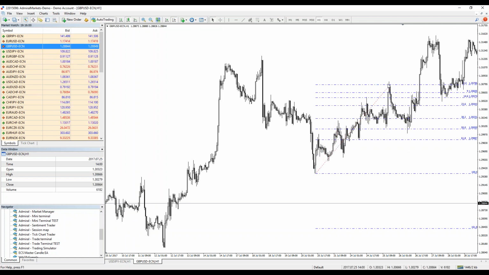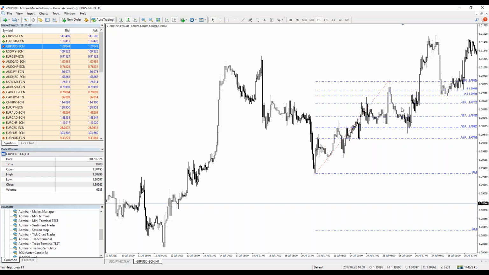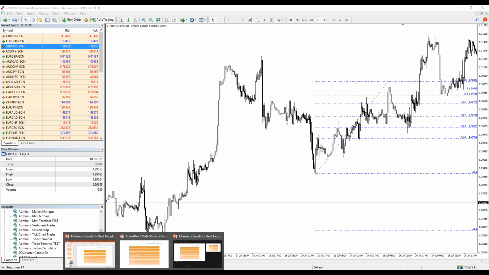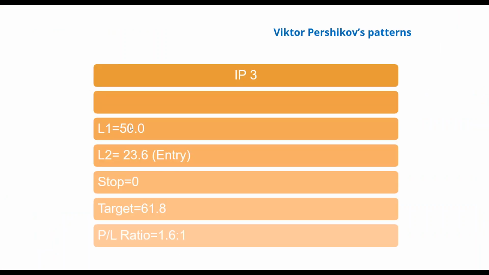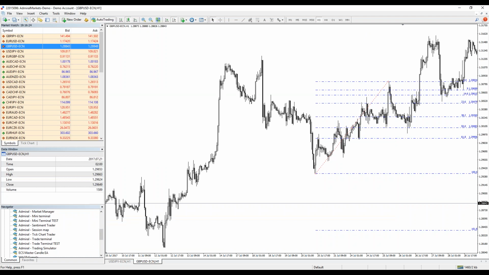For example, you see here, it went to 50, here and here, you see 50 rejection. When it gets to 50, it's the IP3. So IP3, level 1 is 50, then it needs to get to 23.6, stops above 0, target 61.8.